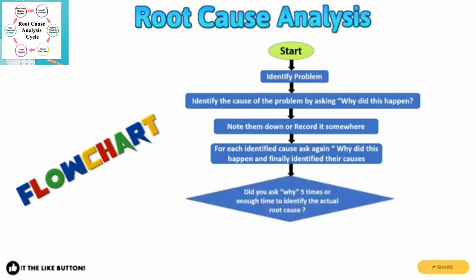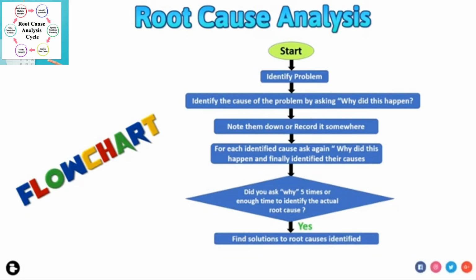Did you ask why 5 times or enough times to identify the actual root cause? If the answer is yes, then find the solution to the root causes that you have identified, or if not, then you need to ask a few more whys to come to the root cause of the problem. Then you finally end the flowchart.